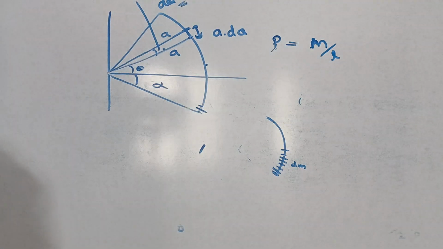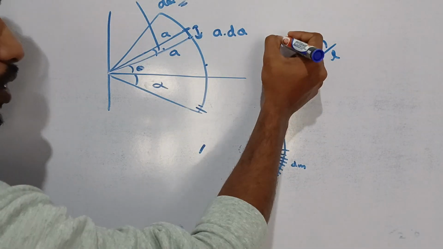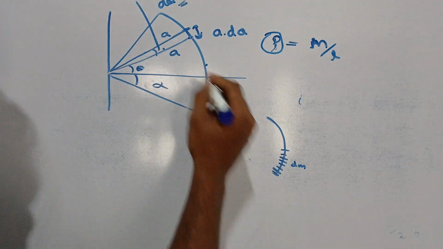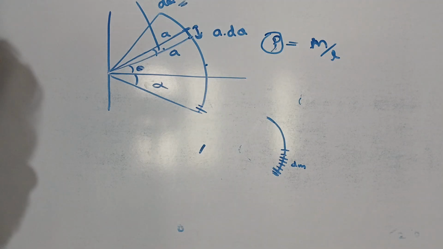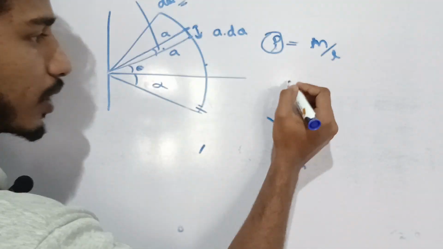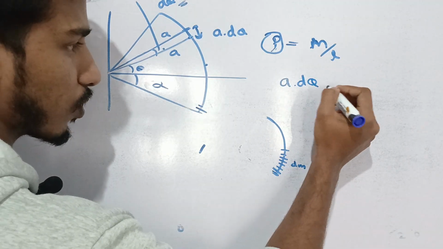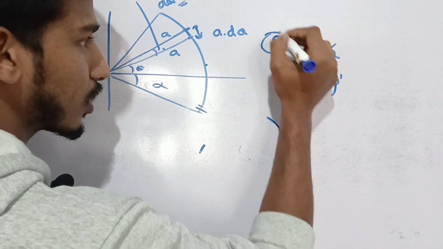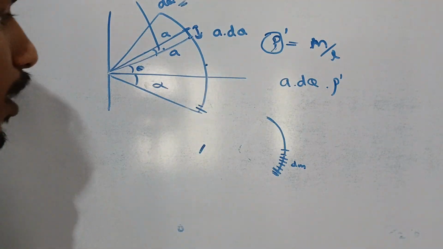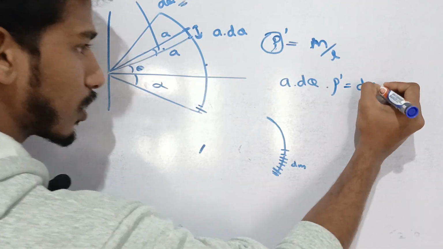Each piece has the same density, but there will be different masses at different locations. So the negligible mass dm is a d theta times rho dash, because rho is density, so rho dash is linear density.